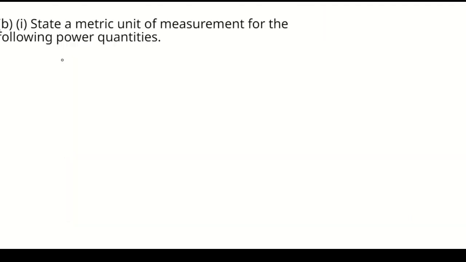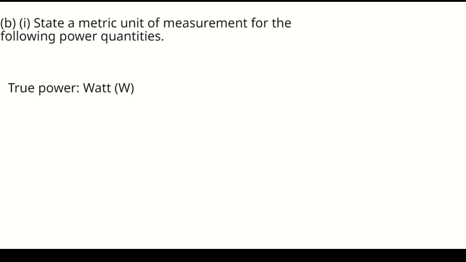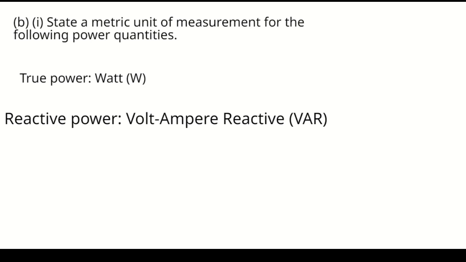Part B says to state a metric unit of measurement for the following quantities. True power: the unit is watt. For reactive power, it is volt ampere reactive, so it's VAR.